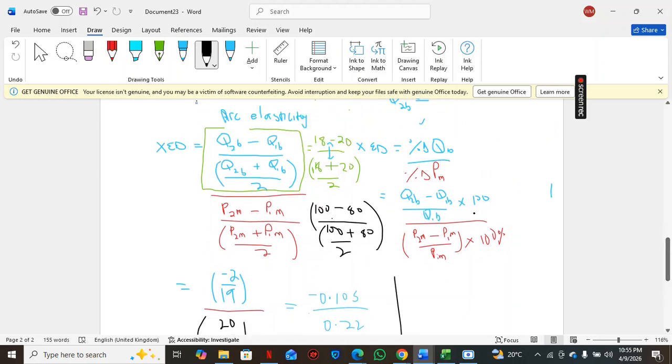We find the percent change for the quantity of bread. So you say 18 minus 20, new quantity minus old quantity, divided by the old quantity 20, times 100%.